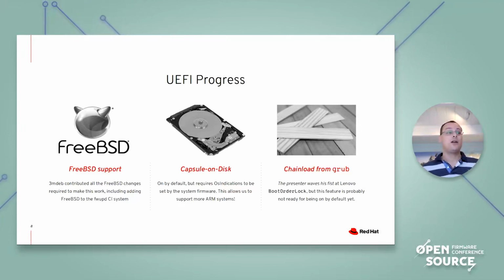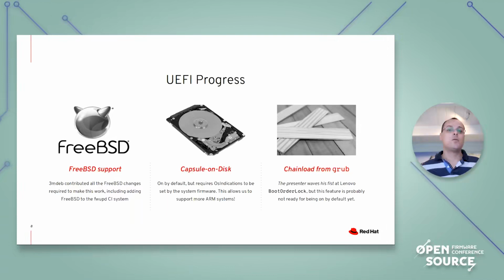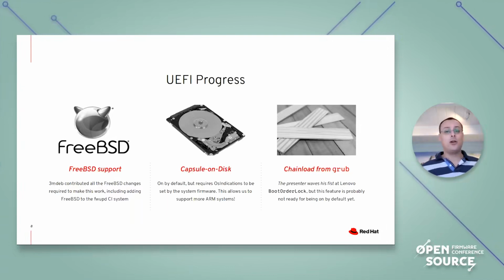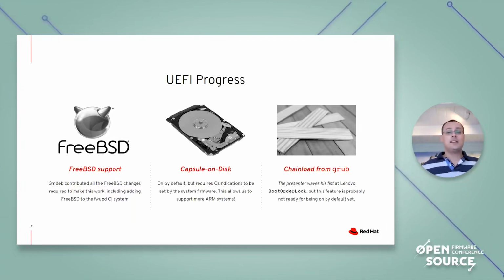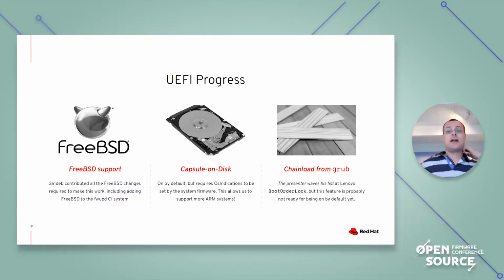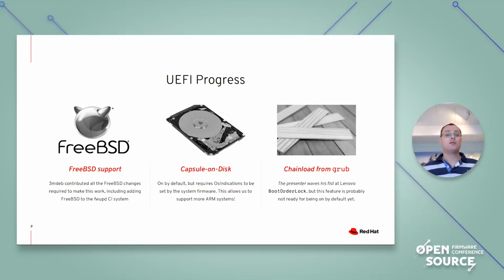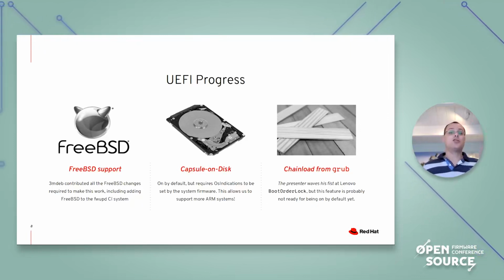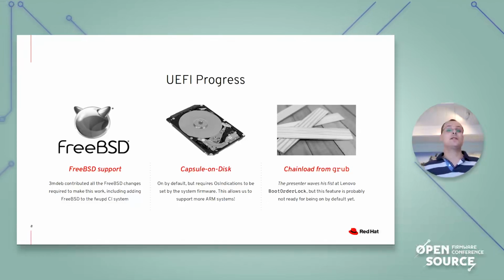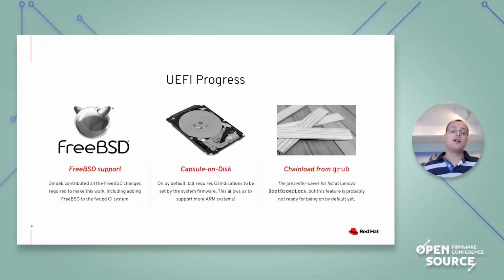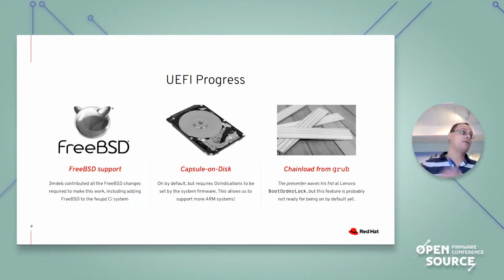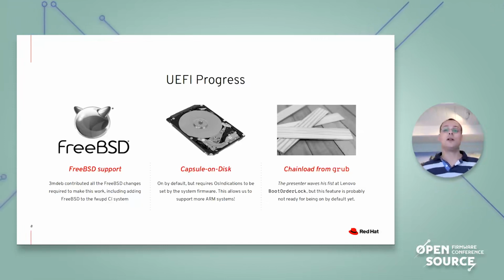Similarly with Lenovo, on corporate machines, if you have the BIOS locked, where you haven't got the admin password because it's a corporate laptop, you might have boot order lock set, and that basically reverts all the changes that user space does on next reboot, which means the firmware update won't run. And so instead of running shim to UEFI loader, we can now run shim to grub to UEFI loader, which is an extra step, which means we can get around these systems where we can't modify the boot variables or boot order lock is set.